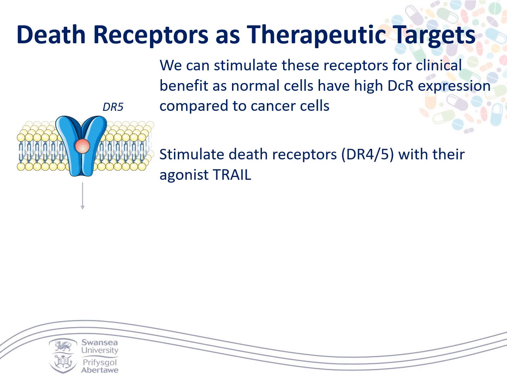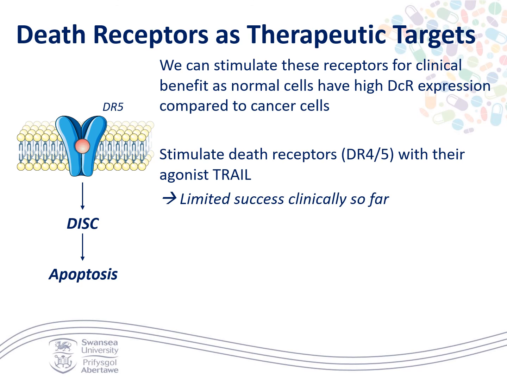So direct stimulation of death receptors 4 and 5 with agonists such as TRAIL has been met with limited clinical success so far, because essentially we do still have some off-target effects and activation of tissue death in places that we don't want it to occur, i.e. non-cancerous tissues.